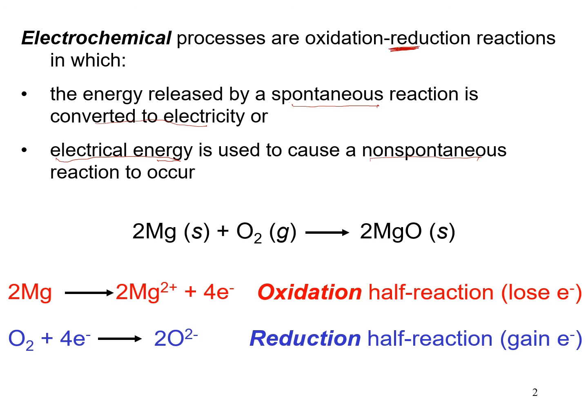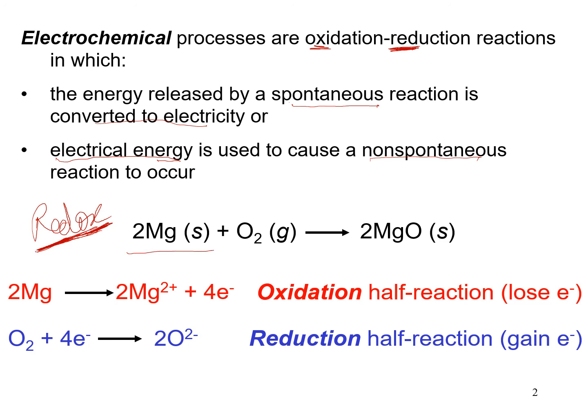Redox means red comes from reduction and ox comes from oxidation. That's why these are called redox reactions. Whenever there is a redox reaction, some compound or element has to get reduced and another has to get oxidized. These reactions cannot happen independently. If an oxidation is happening, another reduction has to be happening at the same time.